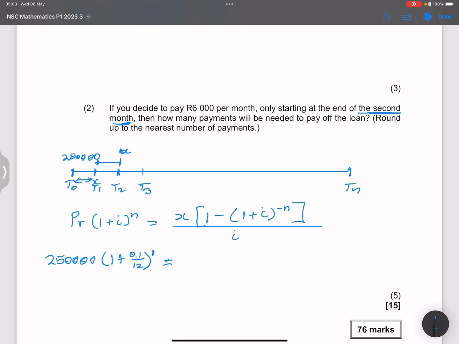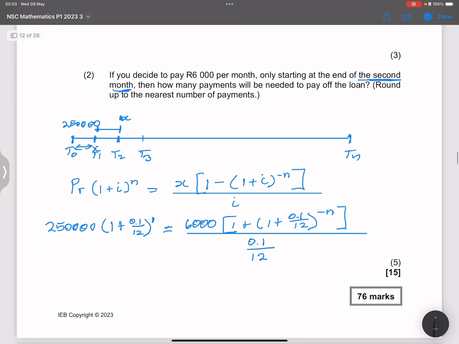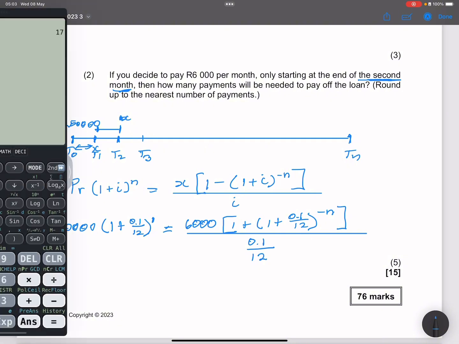In this case, that's 6,000, the value that I am paying on a monthly basis, times 1 minus (1 plus 0.1 over 12) to the power minus n, divided by 0.1 over 12.